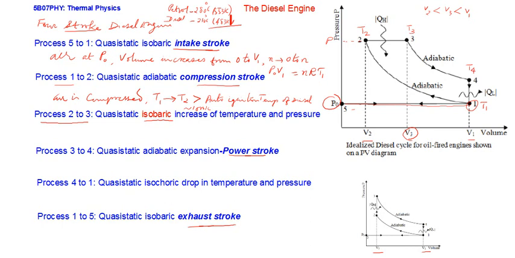At the end of the compression stroke, the fuel supply valve opens, and diesel at high pressure is sprayed into the cylinder, which contains air above the ignition temperature of diesel.